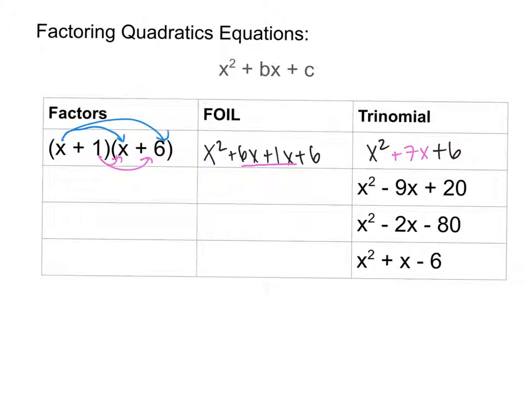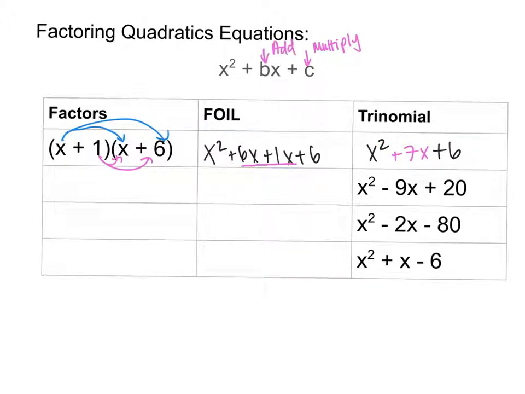In other words, we had to multiply to get that last number. So what you'll do is find two factors that multiply to give you 6. And notice how to get the middle number, you had to add the 6 with the 1. So you will add the factors to get the middle term.